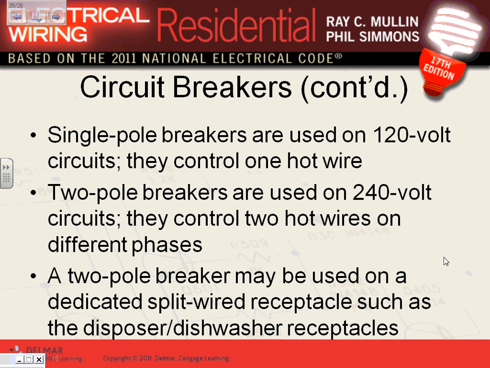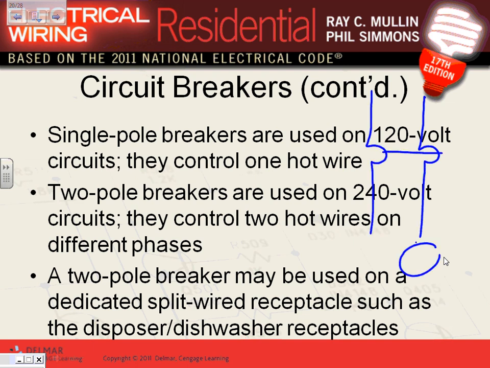You can have a circuit breaker single pole for 120 or two pole for 240. You can tie two pole circuit breakers and put them on a two pole load, right? But they have to be tied in an approved manner. We all know, guys, I'm reviewing things that you guys know.